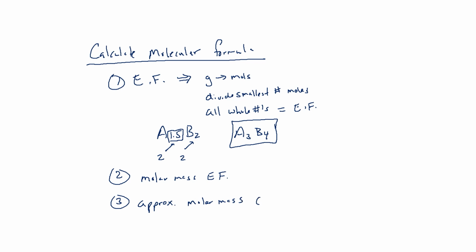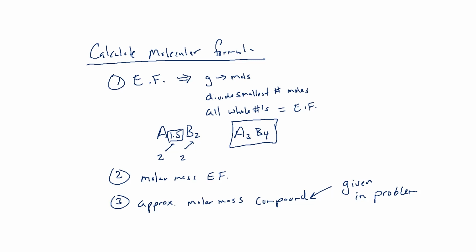The good news on that is typically it's a value that is given to you inside the problem. So usually somewhere in the problem, they'll say, hey, the approximate molar mass of the compound is this, or it has a range even of molar mass in terms of grams per mole, but they'll give you some piece of information about it. So what do we do with all this information?